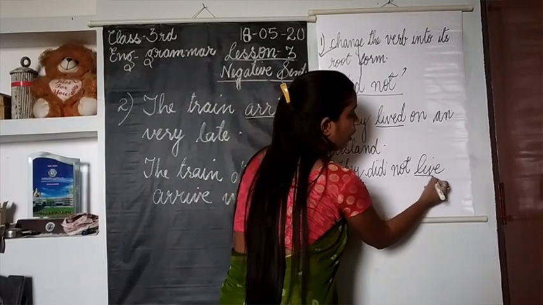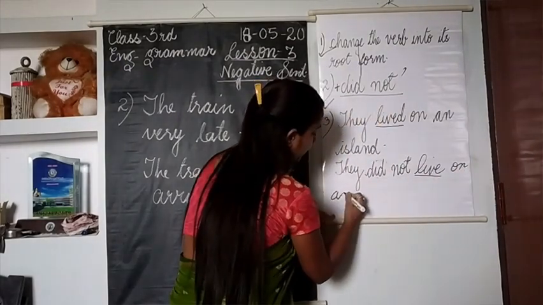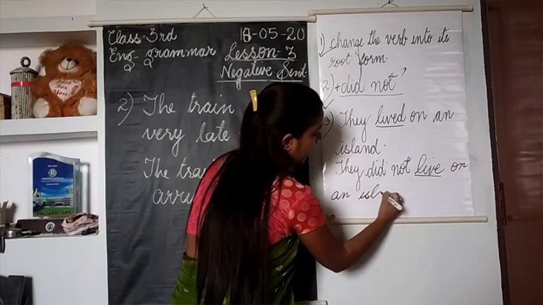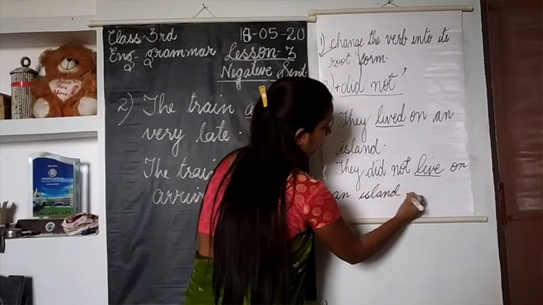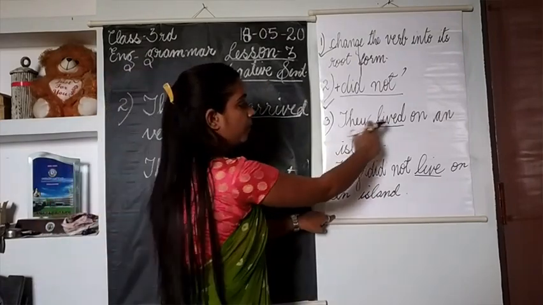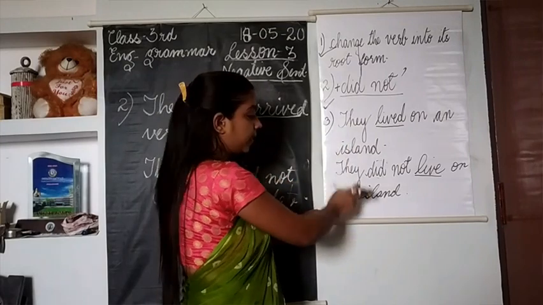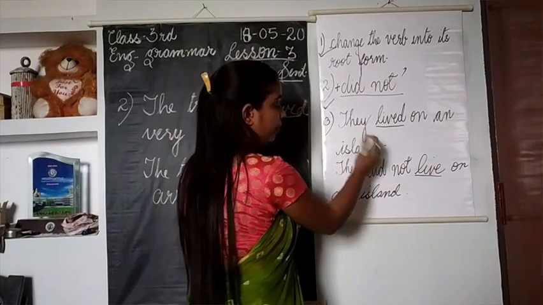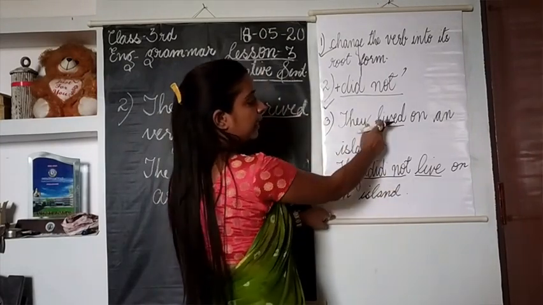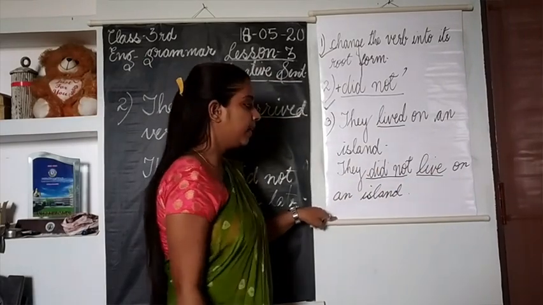They did not live on an island. Now here you can see, children, that the sentence is changed into its negative sentence. They lived on an island is an affirmative sentence. It is in past tense. After they, you will add did not, and lived will be changed into its root form, live, on an island.